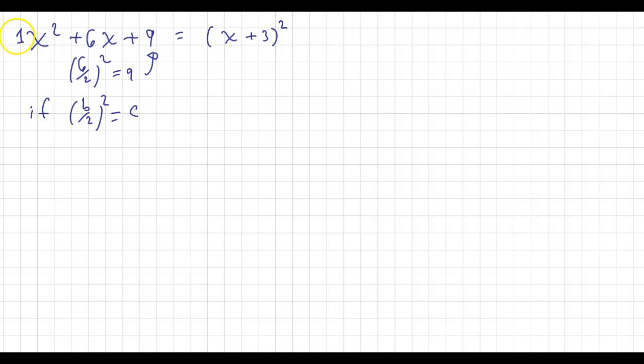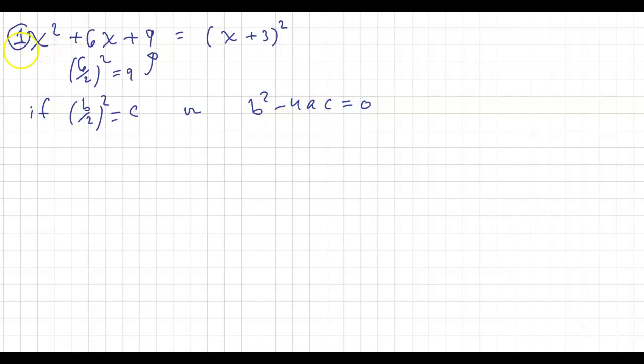That's if there's no coefficient there. Even more generally, if there was some coefficient aside from 1, we can say that if b squared minus 4ac equals 0, that would happen also.